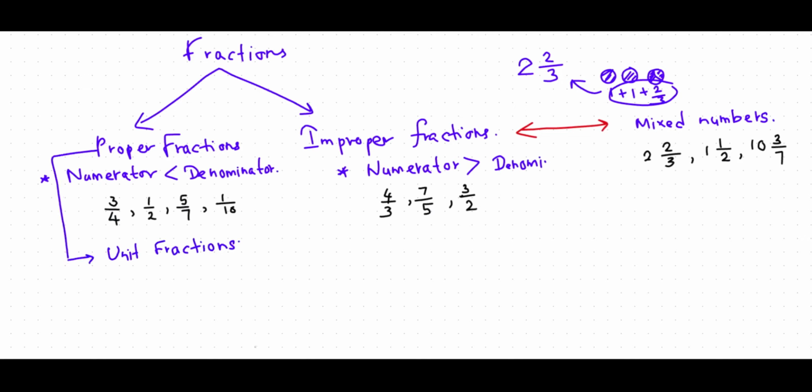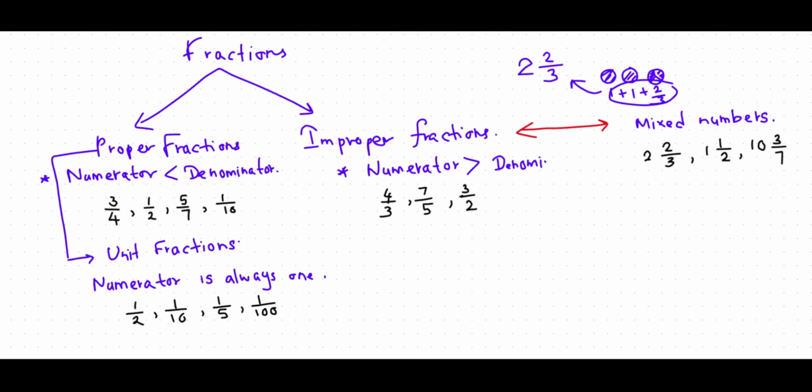Unit fractions, the numerator is always 1. Half, 1 over 10, 1 over 5, 1 over 100. These are unit fractions.